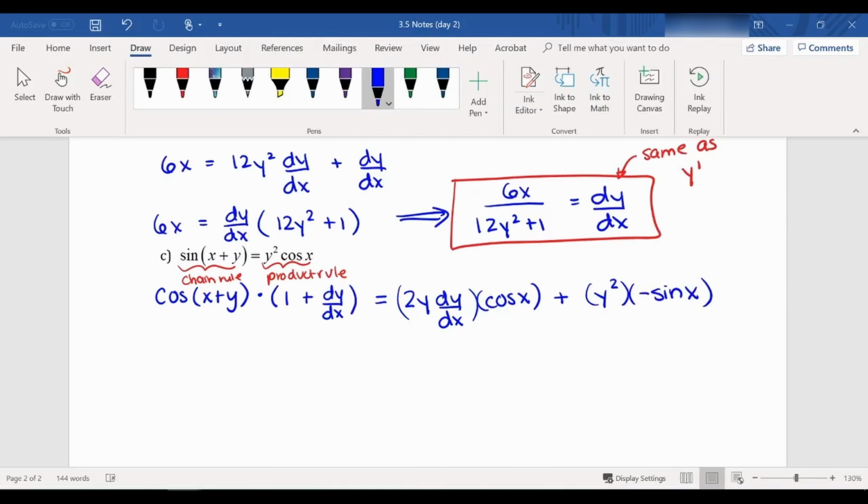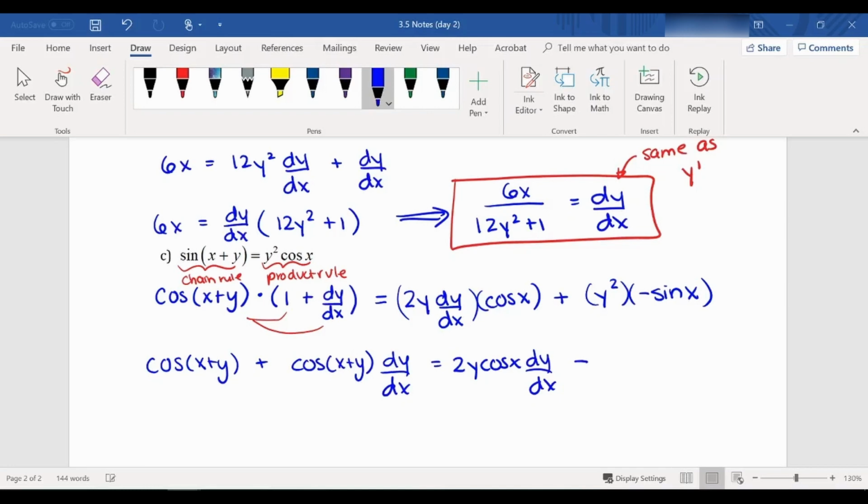Now we're going to need to fix this up a little bit. On the left side, we need to distribute the 1 and the dy dx into our cosine. So we get 1 cosine of x plus y plus cosine of x plus y dy dx equals 2y cosine x dy dx minus y squared sine x.